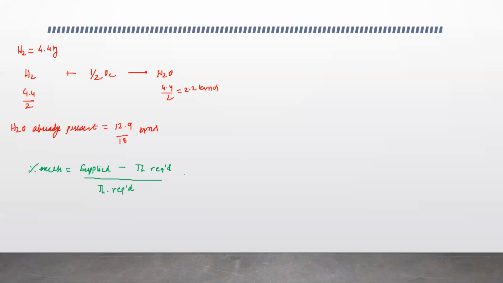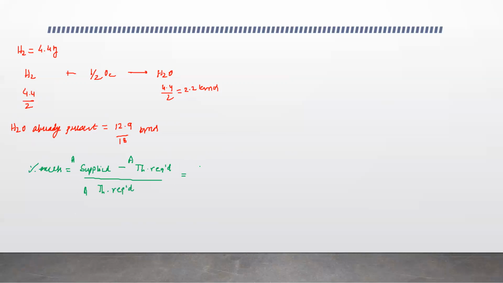So since we have to calculate percentage excess of air, that can be air supplied minus air theoretically required upon air theoretically required. And then if we multiply the numerator and denominator by 0.21, we'll get air supplied into 0.21. That is oxygen supplied, because oxygen is 21% of air.